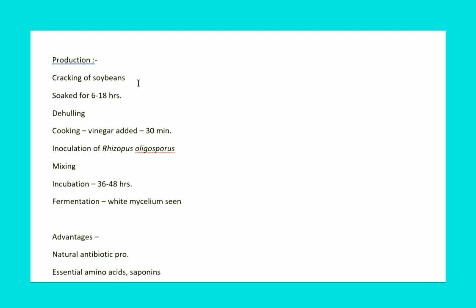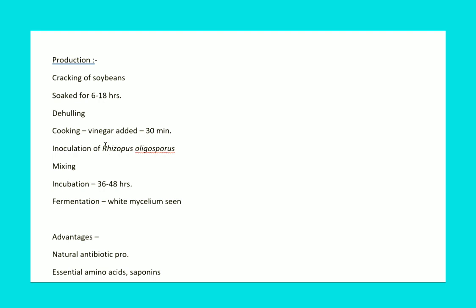After cracking of the soybeans, they are soaked for about 6 to 18 hours in almost 2 liters of water, and then they are stirred gently. If they are stirred gently, then it will cause dehulling.